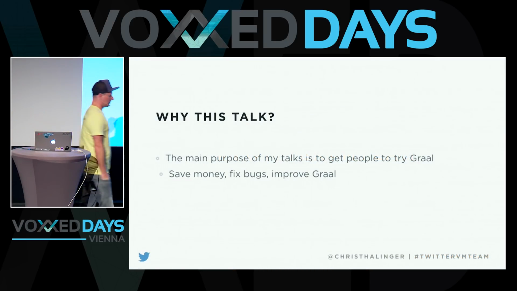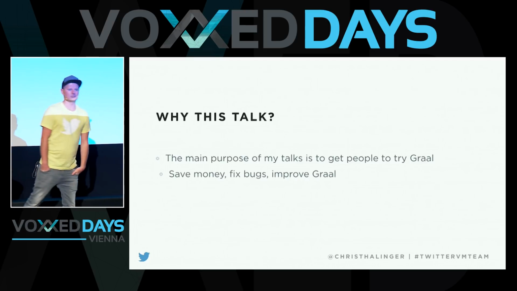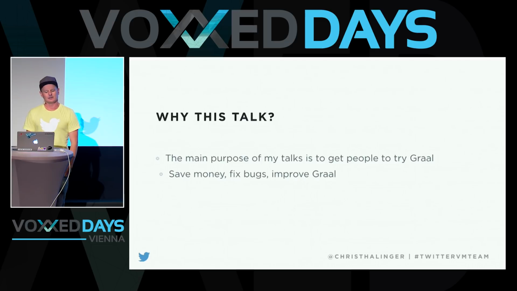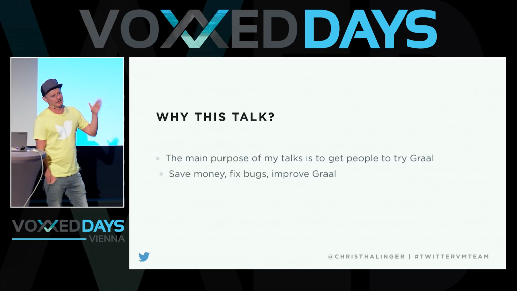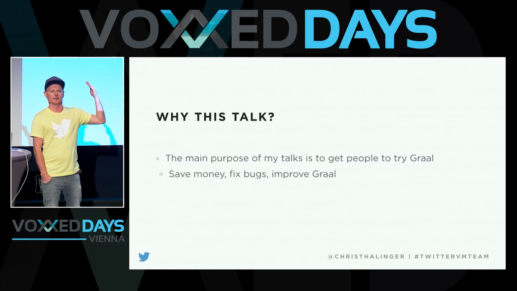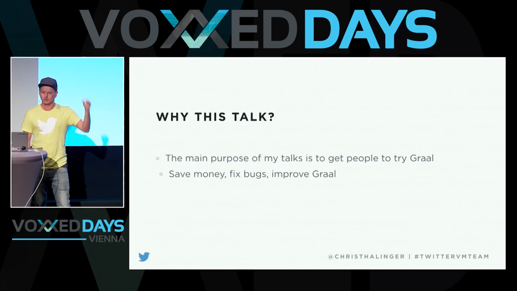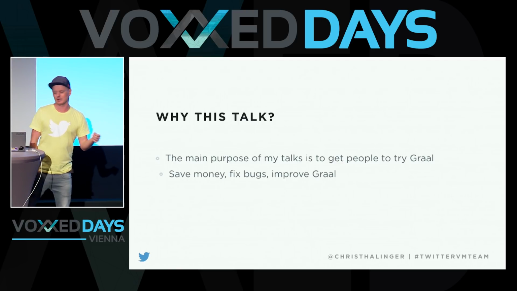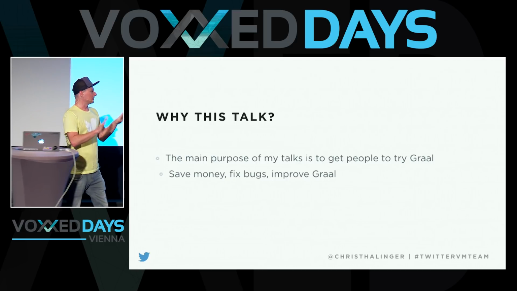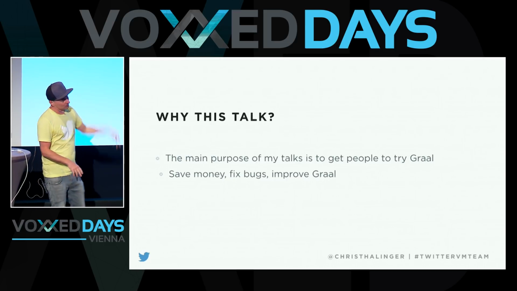Okay, so why am I doing this talk? I'm doing a lot of Graal talks, and they all have one goal, and it is to show people the advantages of Graal, and the main purpose is to encourage people to try it out. In this talk I'm not showing you how to save money.